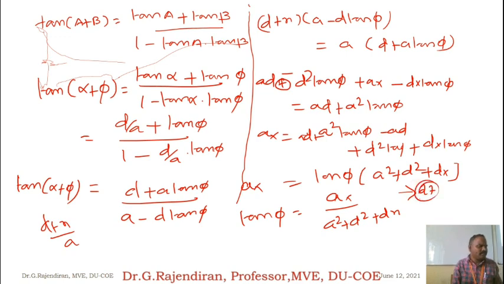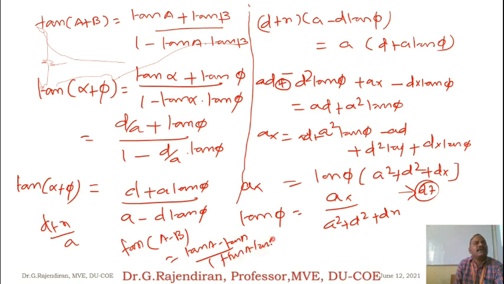Similarly, when you make the same derivation, you can use tan a minus b is equal to tan a minus tan b divided by 1 plus tan a tan b.